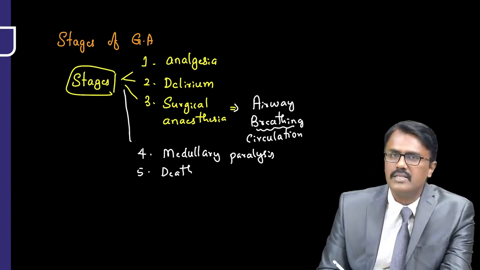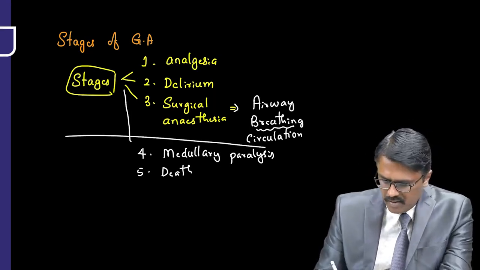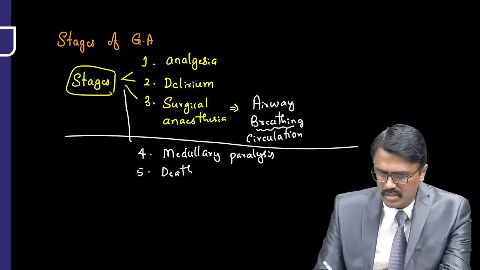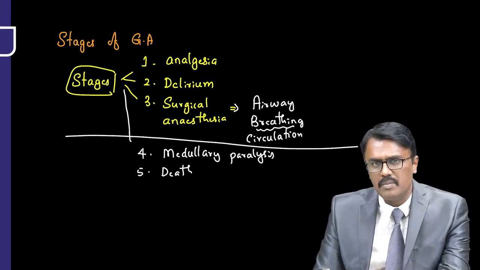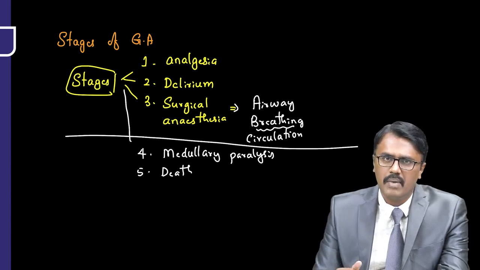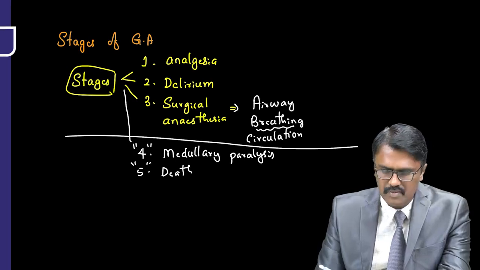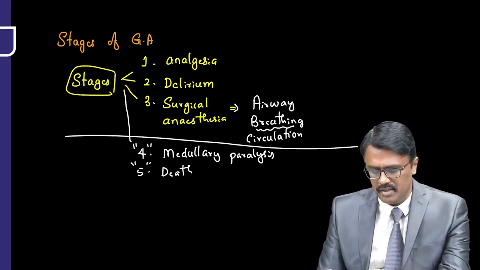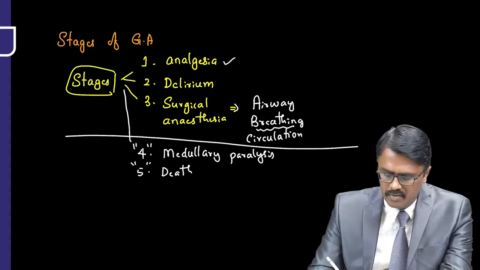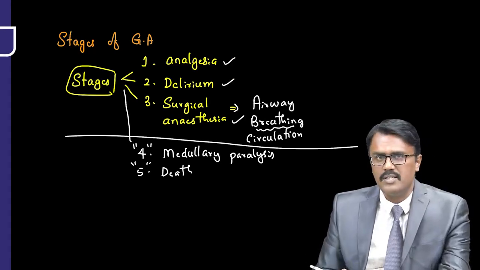But we don't go to those stages. We give the drug within stage 3, and once the surgery is done, we stop the anesthesia and the patient will come back.